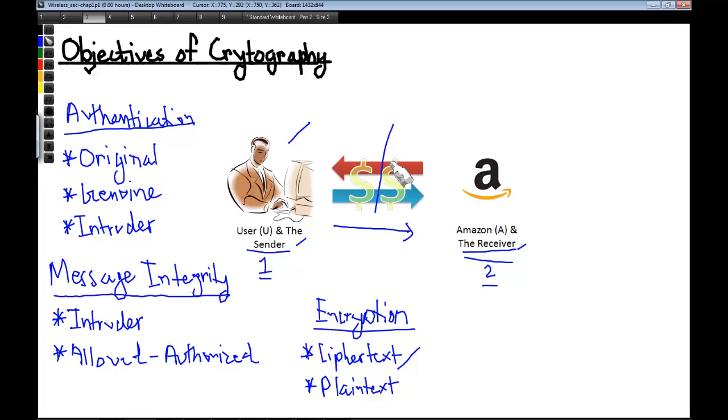So when the message is jumbled up, the intruder has no idea what sort of data is being transferred between these two nodes. So encryption is the process through which a plain text message is transformed into a ciphertext message. That is called encryption. Now let's move deeper into cryptography.